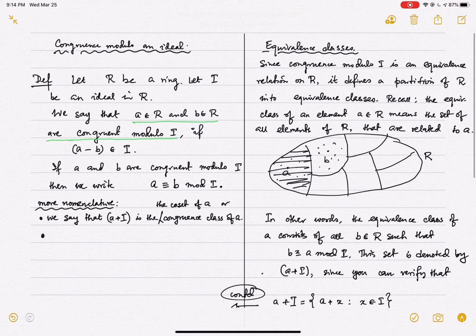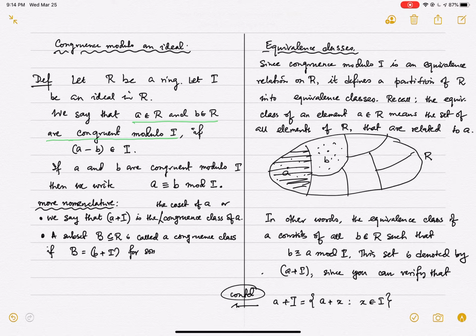Okay. Second, a subset capital B of R is called a congruence class if B is the congruence class of some element little b in R. And in this case, little b is called a representative for this congruence class.